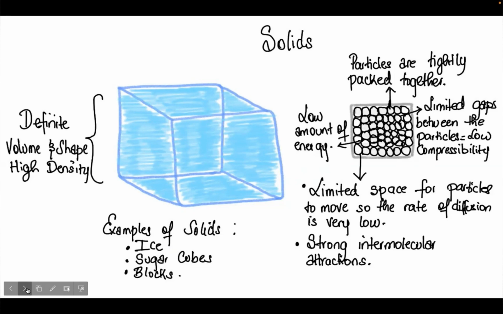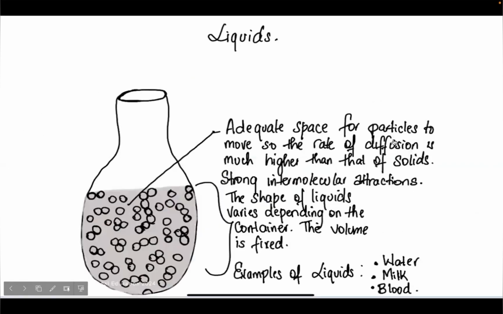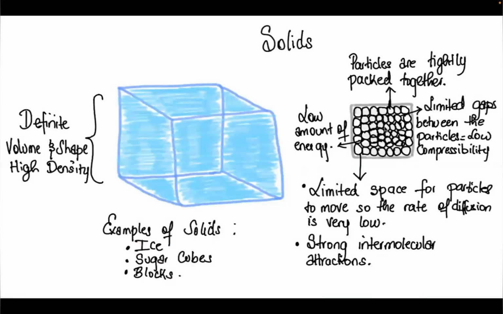Now, the first state of matter that I'll be looking at is solid. What do you notice about the particles here in solids? You notice that the particles are tightly packed together, right? So there's limited space for particles to move.